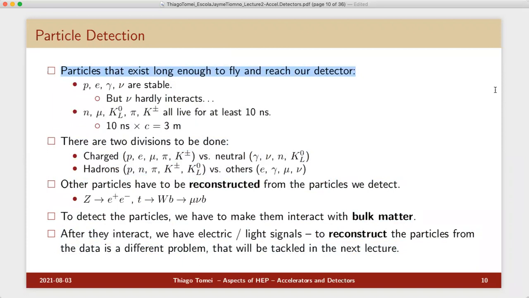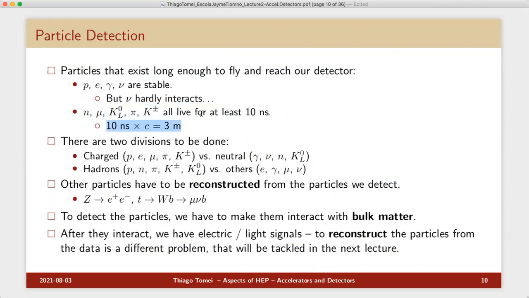And it turns out that there are not that many. So protons, electrons, photons, and neutrinos are stable. The neutrino hardly interacts; it interacts only through the weak interaction. Neutrons, muons, long-lived kaons, pions, and charged kaons all live for at least 10 nanoseconds, which is enough for them to fly more or less 3 meters.